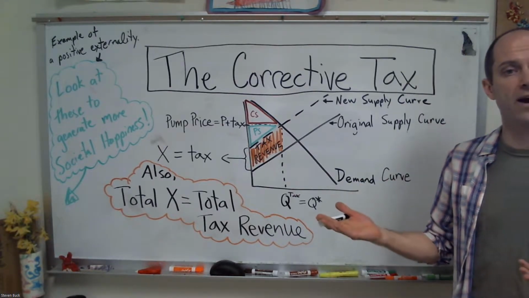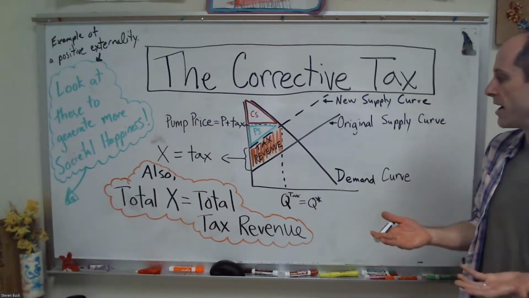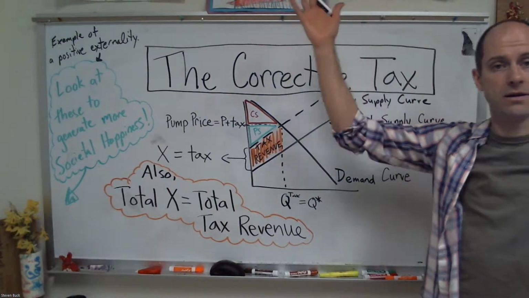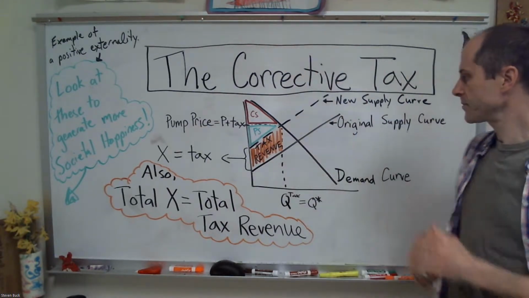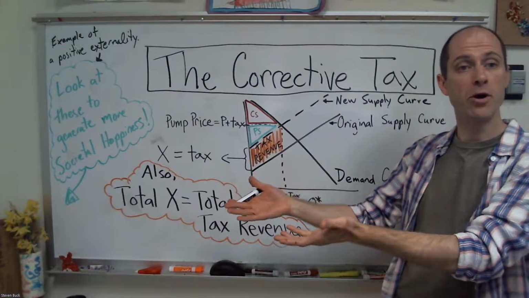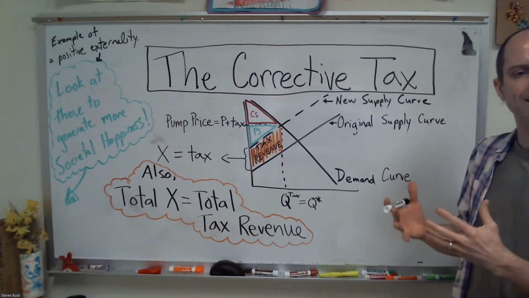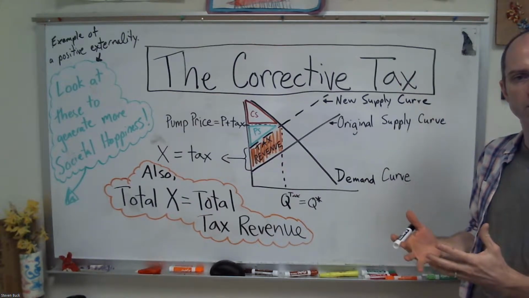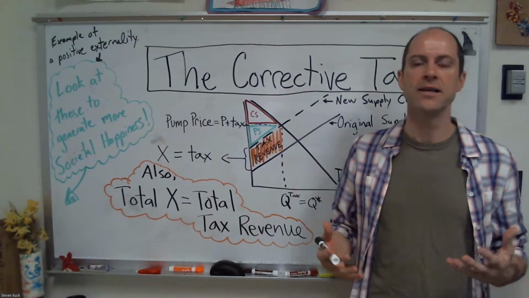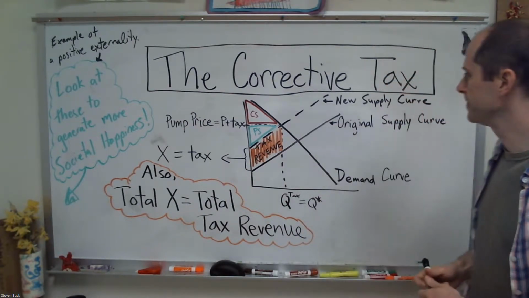There's maybe sulfur dioxide, nitrogen dioxide that's being emitted, causing pollution and causing a burden on the rest of society. That's a cost that's not reflected in the price. The idea of the tax is to reflect that cost in the price.